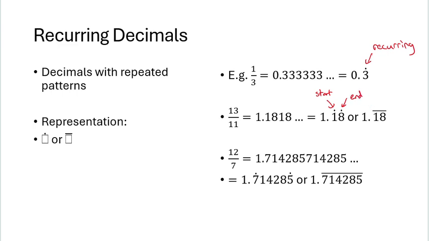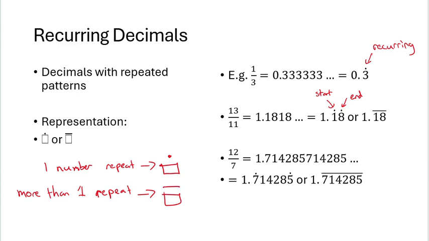But ideally, if it's just one number repeating, you put the dot. If it's more than one, you put the bar. Okay.